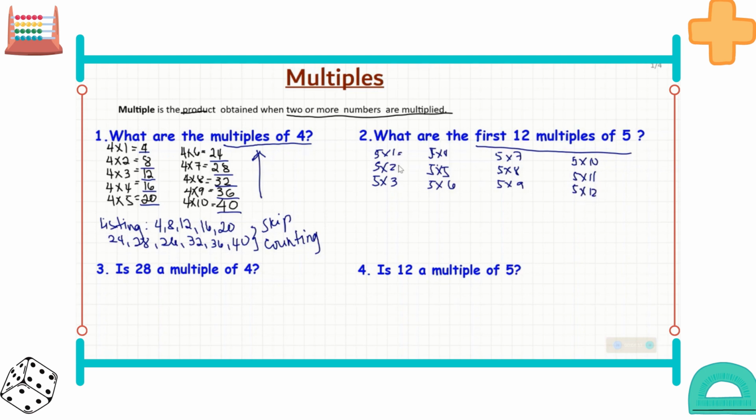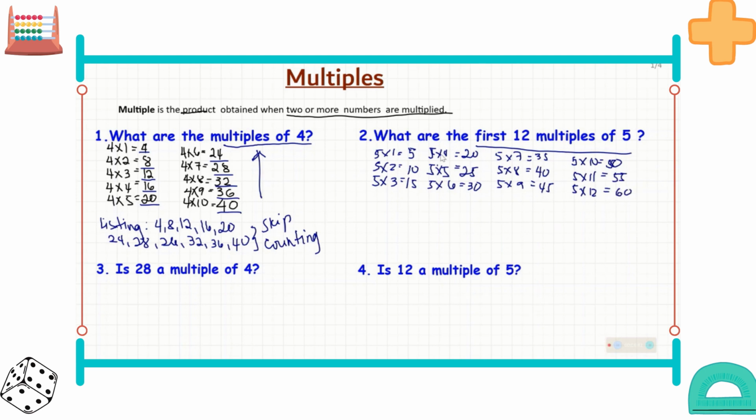Now let's get the products. 5 times 1 is 5, 5 times 2 is 10, 5 times 3 is 15, 5 times 4 is 20, 5 times 5 is 25, 5 times 6 is 30, 5 times 7 is 35, 5 times 8 is 40, 5 times 9 is 45, 5 times 10 is 50, 5 times 11 is 55, and 5 times 12 is 60.